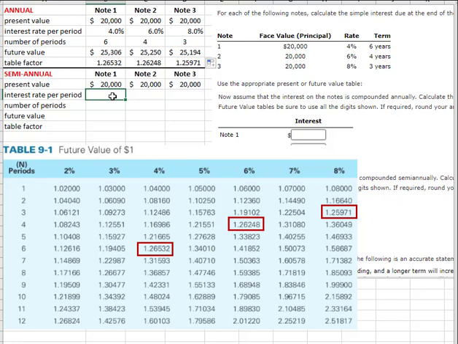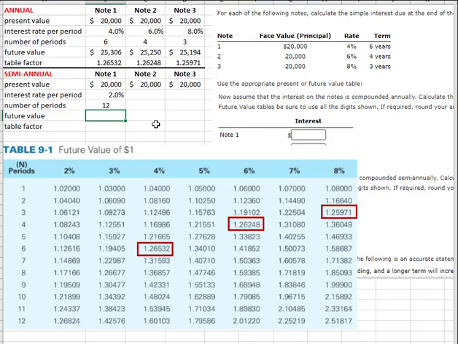So the second 6 months is accruing interest on the 20,000 plus the first 6 months of interest. So that's going to be half the rate and twice as many periods, because now there are going to be 2 periods in a year and not 1. So it's still 4% annually, but compounded twice in a year. So twice as many periods and half the rate.